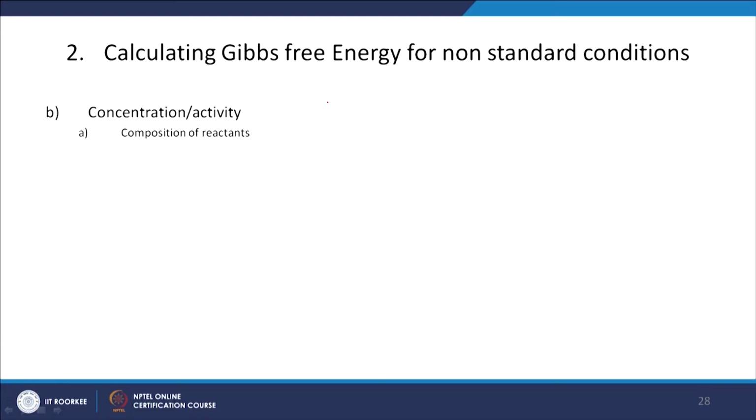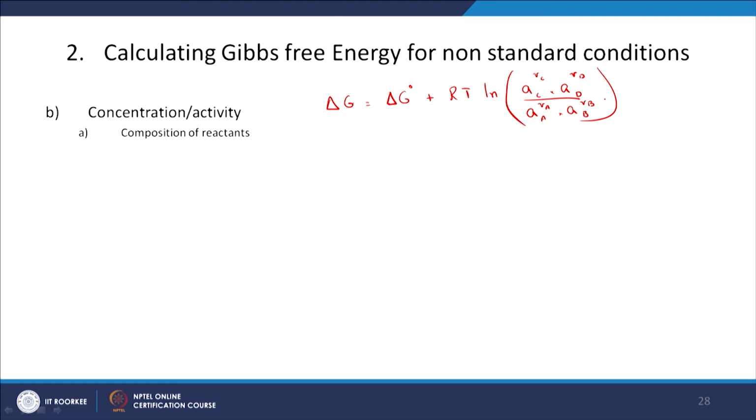So, now we have delta G is equal to delta G naught, right, plus RT into natural logarithm of activity of C raised to the power of its stoichiometric coefficient into activity of D raised to its stoichiometric coefficient by activity of A raised to its stoichiometric coefficient into activity of B raised to its stoichiometric coefficient, right.